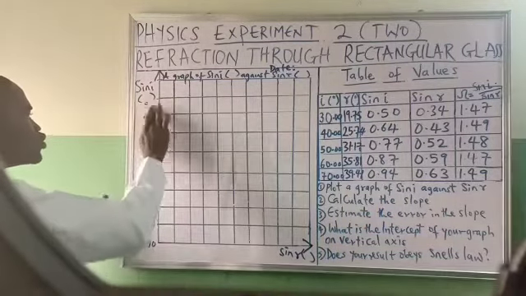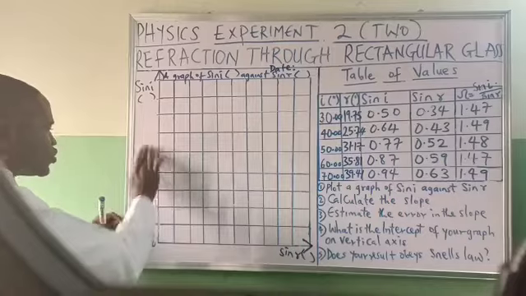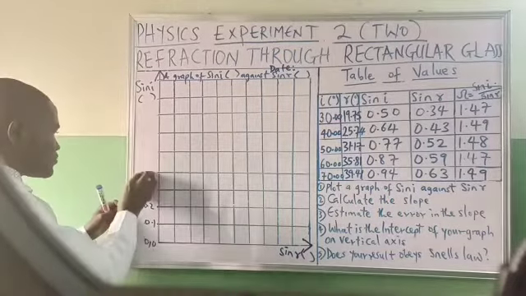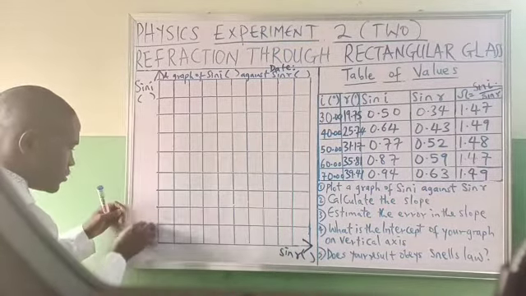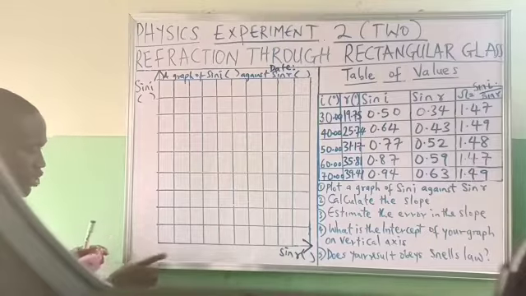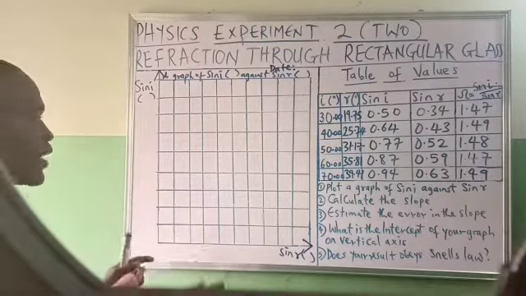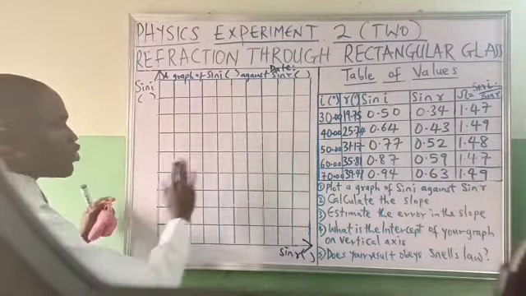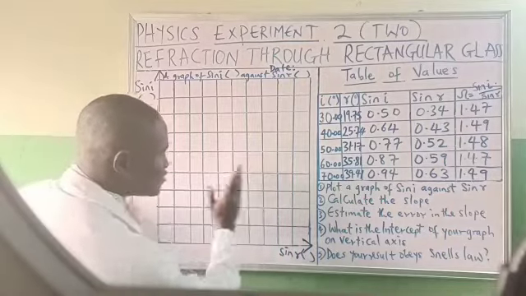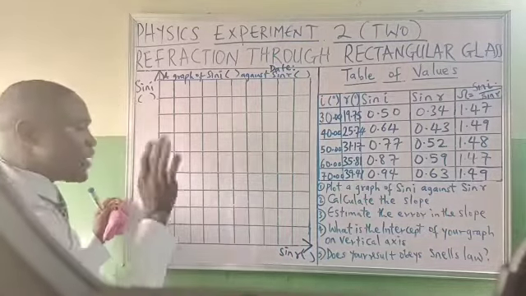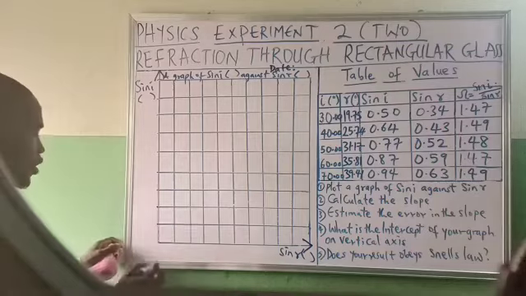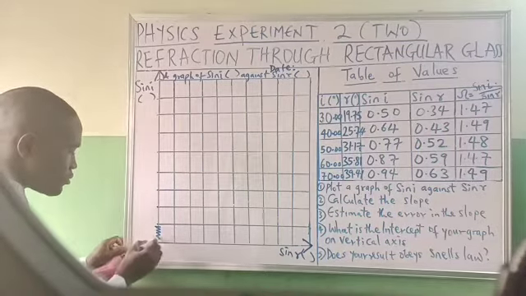Because you have realized that starting from 0, 0 will not make a good graph, because there will be a big empty space vacant, what you will do is you just put a zigzag line here.